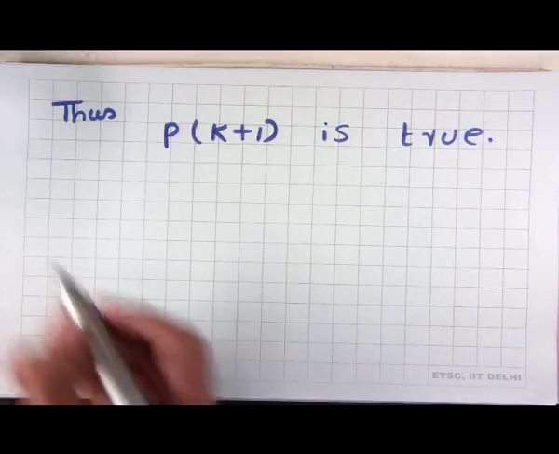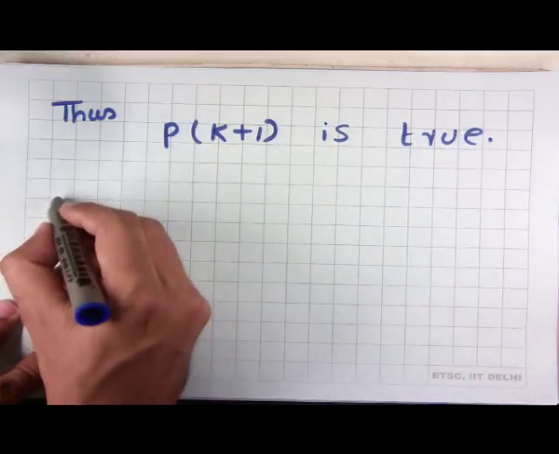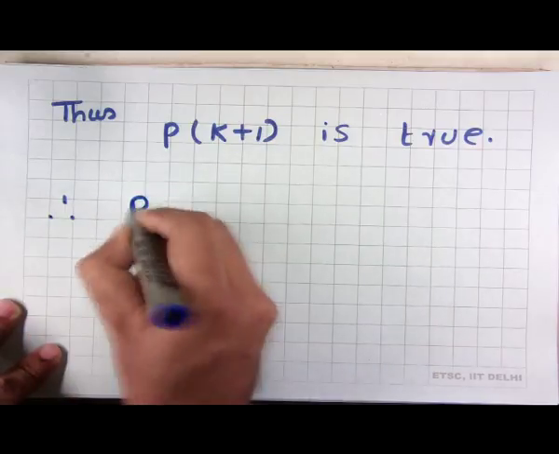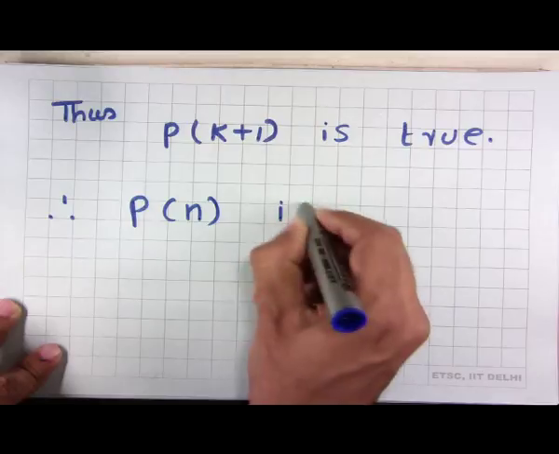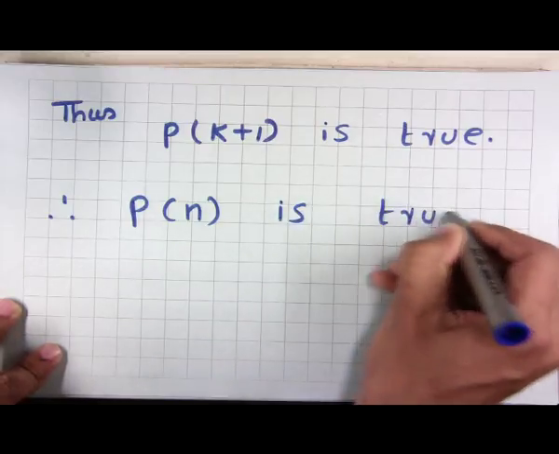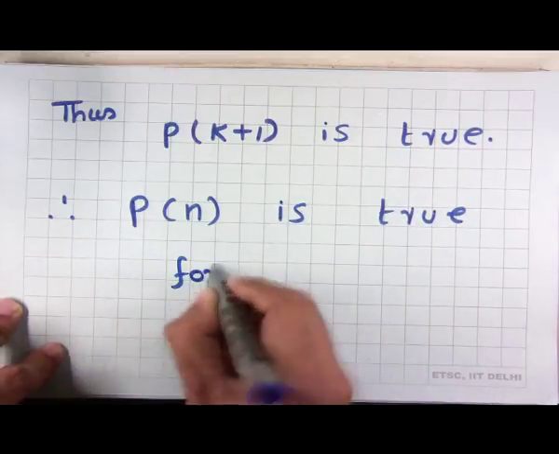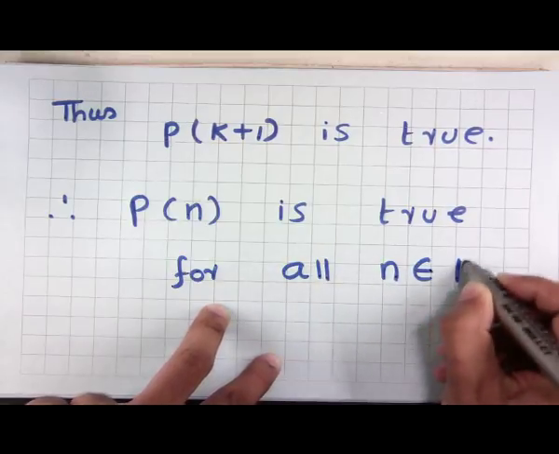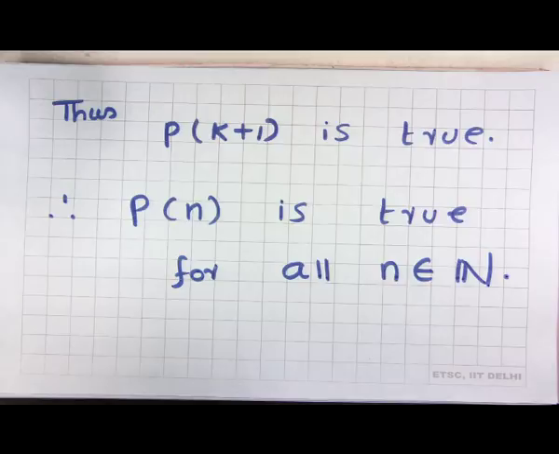Summing up, by mathematical induction, we are assured that P of n is true for all n from the set of natural numbers. This completes the solution for our example.